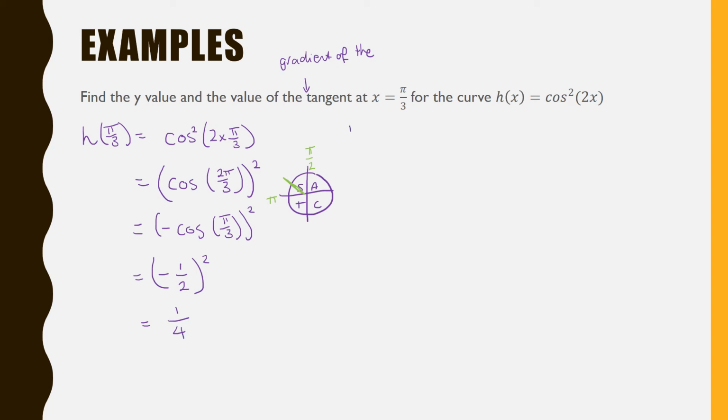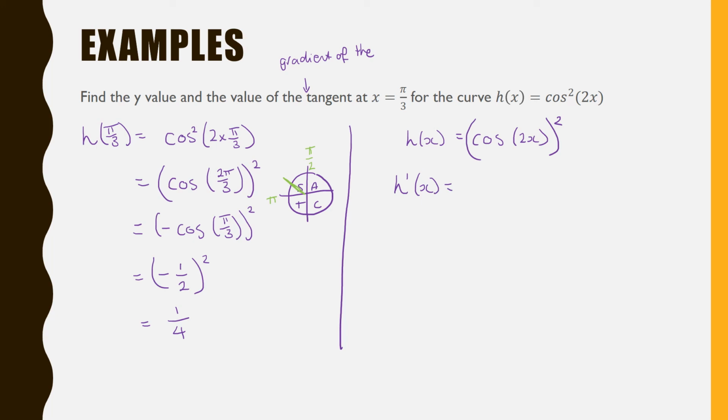Now for the second part that we're looking at, we want to find the value of the gradient. So if our original function is h of x equals cos squared, now I'm again going to write cos squared like this to show that it's the outside function, because we need to use the chain rule once again. So using the chain rule, we differentiate the outside function.